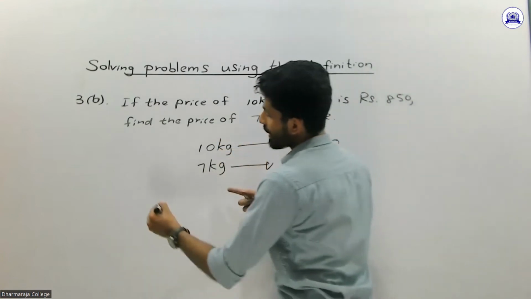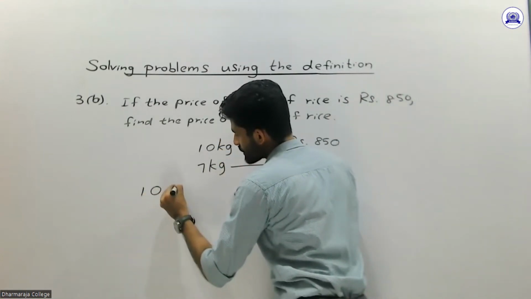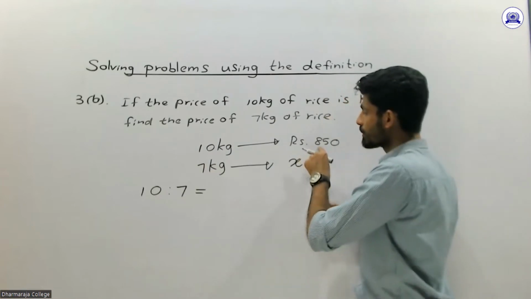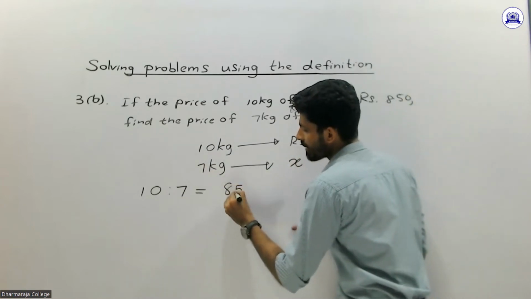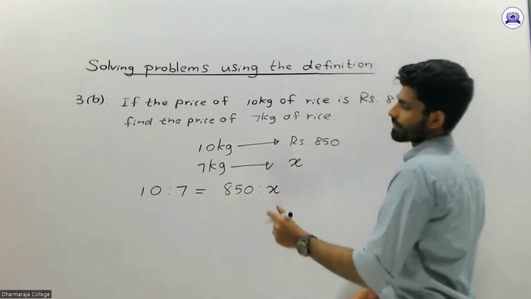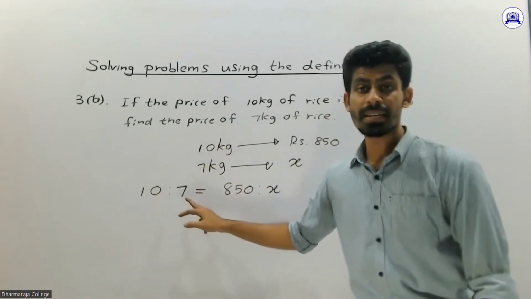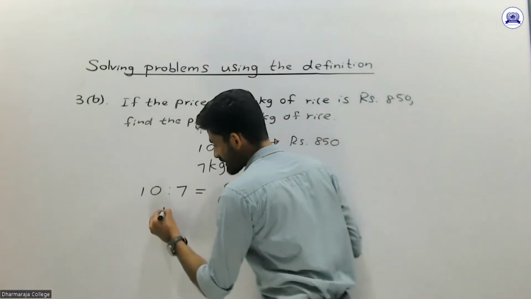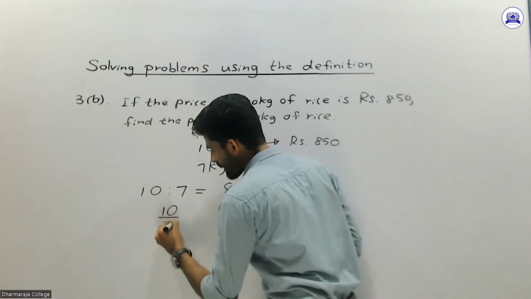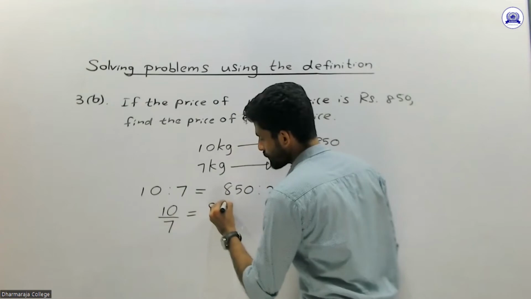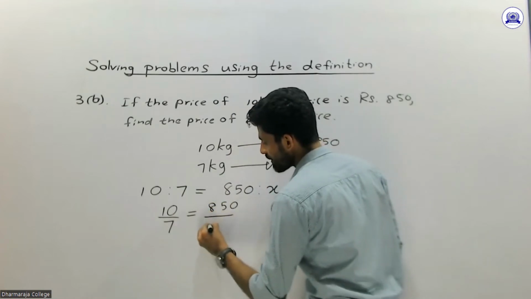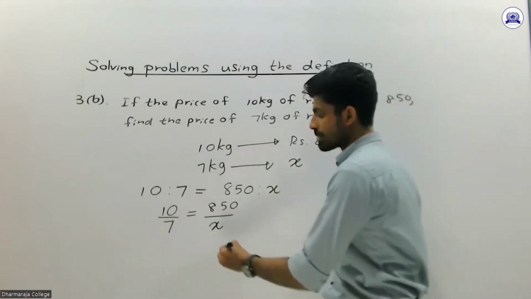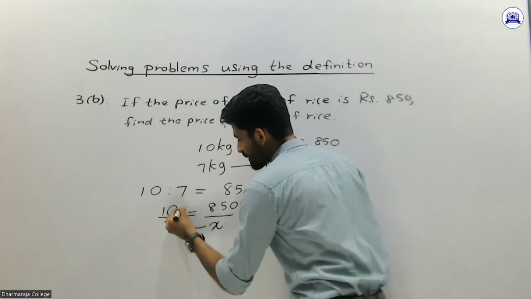You can write this as a ratio 10 to 7 equals 850 to x. That means 10 divided by 7 equals 850 divided by x. So you can do the cross multiplication.